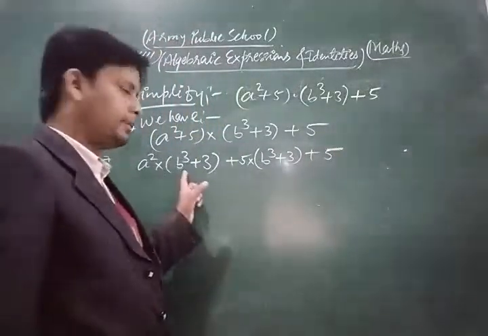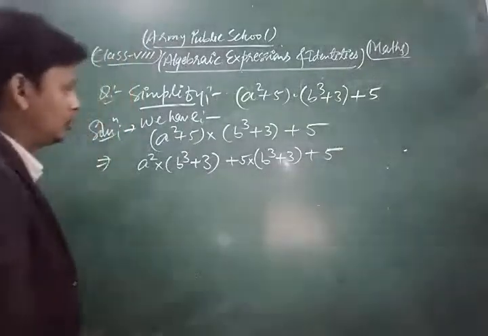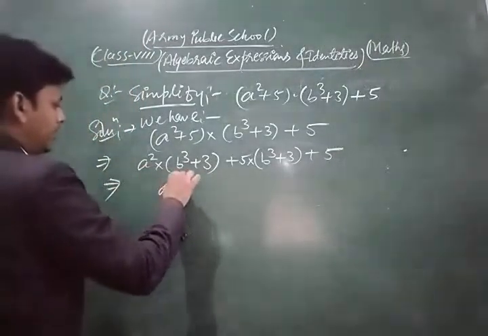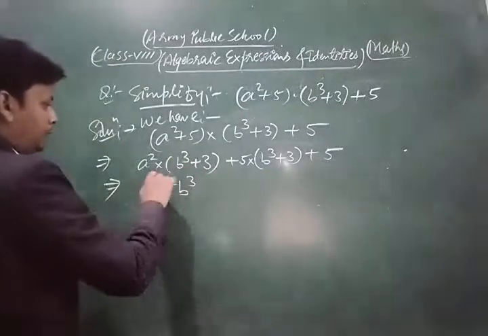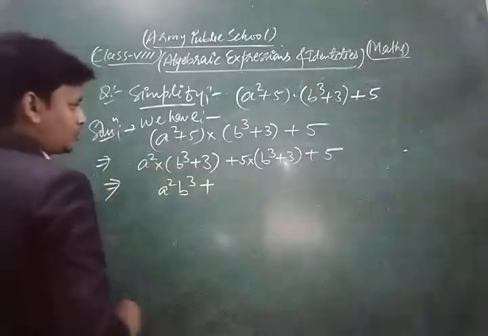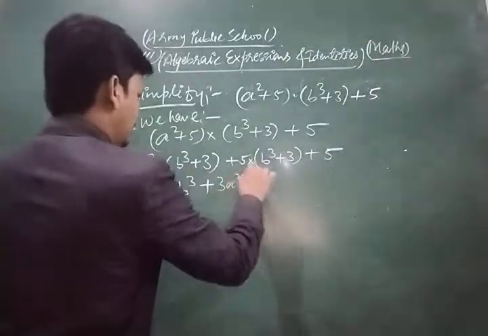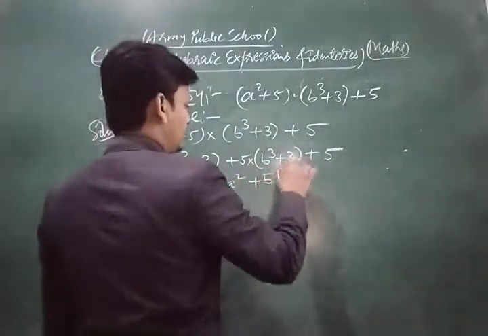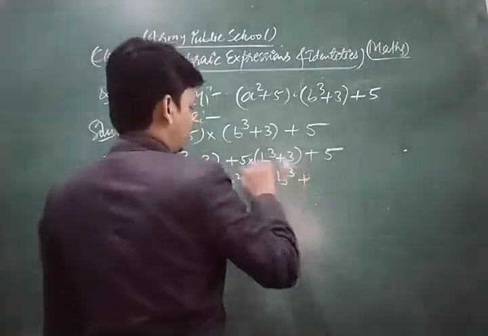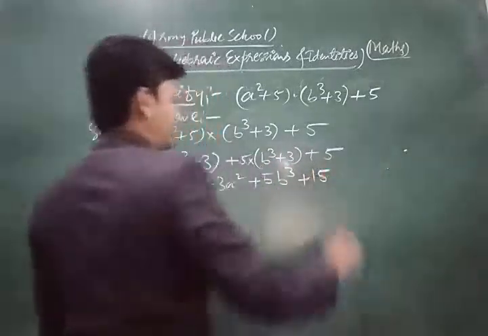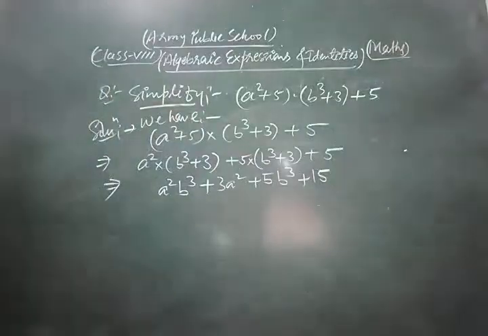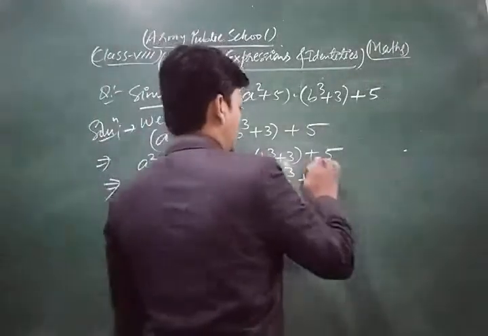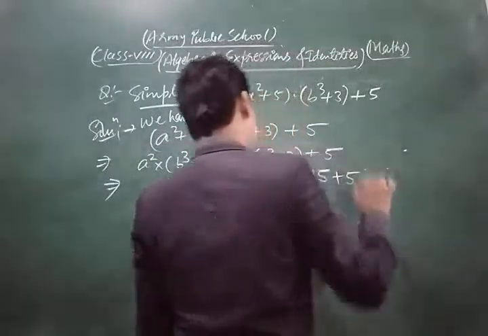Now we multiply them. So we have a square into b cube, that is a square b cube, plus 3a square. Now plus 5 into b cube, that is 5b cube, and plus 5 times 3 is 15, and plus 5 as it is.